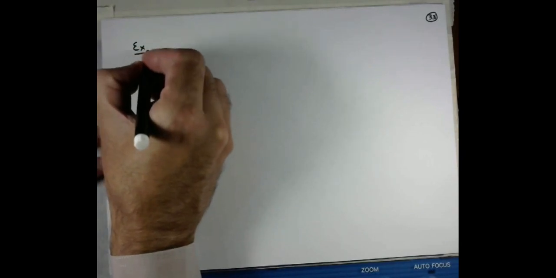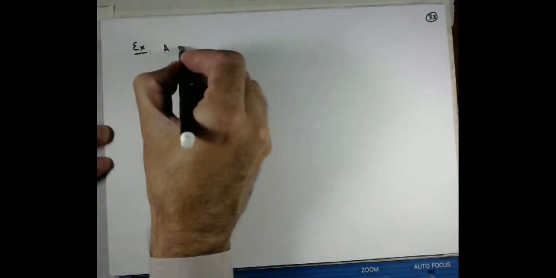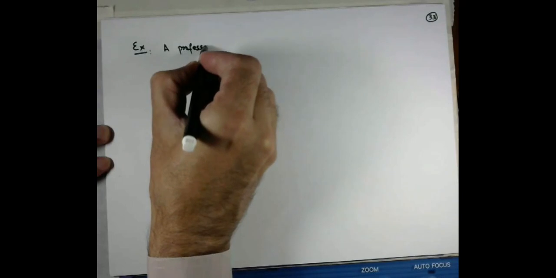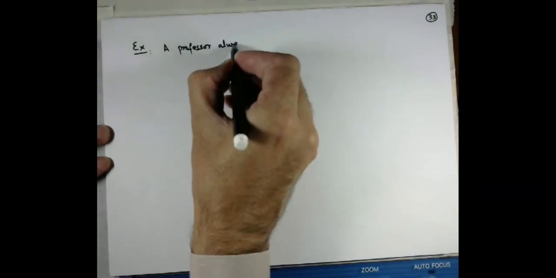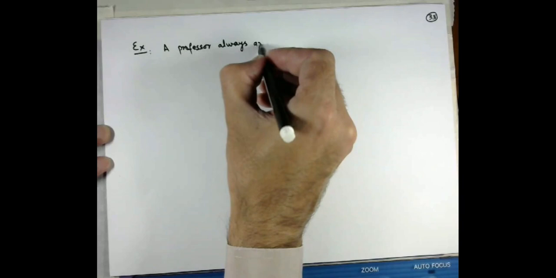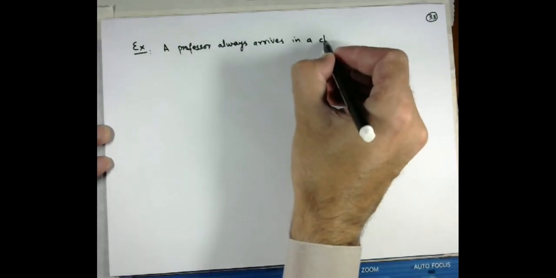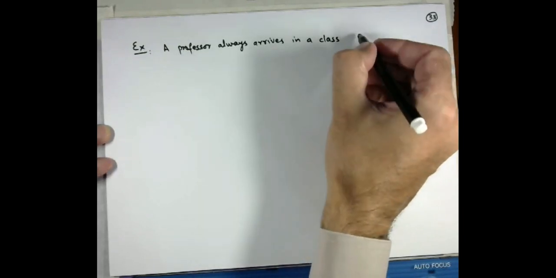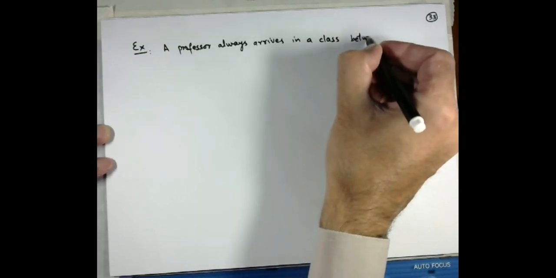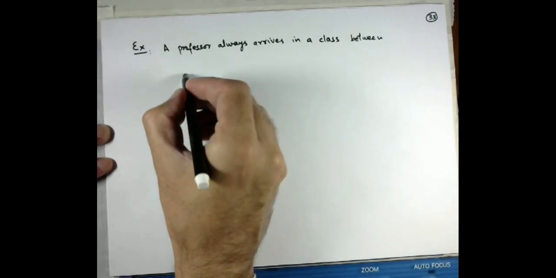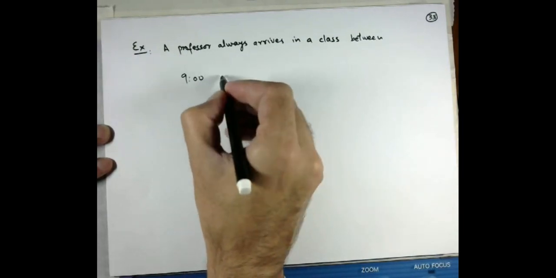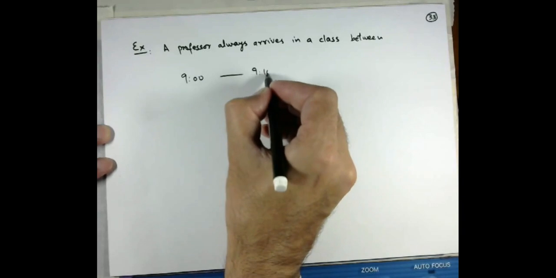Take an example of a professor arriving in a class. The professor always arrives in a class between, say, 9 to 9:10.